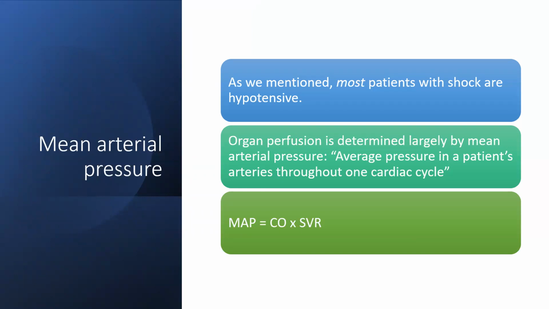And so we said that not all patients with shock are hypotensive, but many are. Organ perfusion is mostly determined by mean arterial pressure. Again, you can't have a normal MAP and also be in shock. But if we think a little bit about these types of shock, mean arterial pressure is determined by two things. What are they?